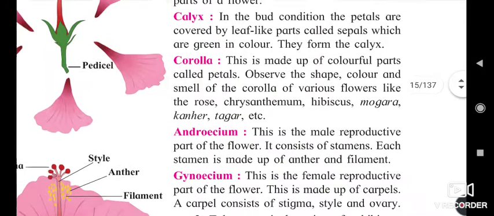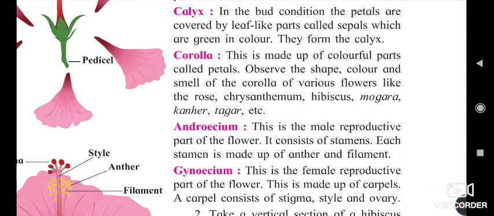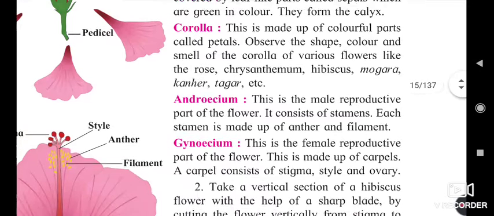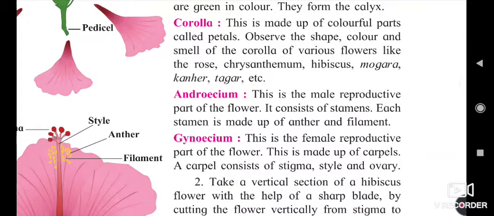Androecium and gynoecium. The androecium is the male reproductive part of a flower, and it consists of stamens, each made up of anther and filament. The gynoecium is the female reproductive part of the flower. This is made up of carpels. A carpel consists of stigma, style, and ovary.